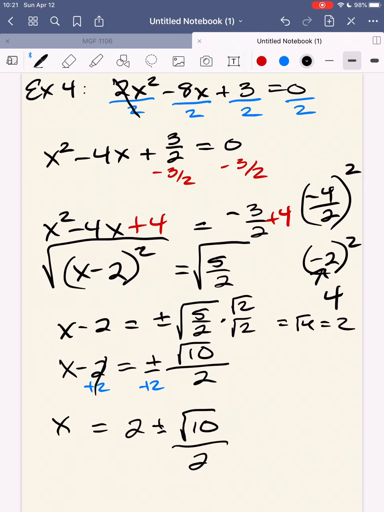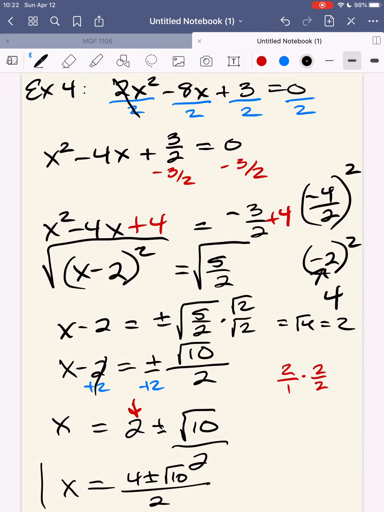So I want to make this 2 have a denominator of 2. So if I have 2 over 1, and I multiply it by 2 over 2 to make the denominator 2, I end up with the final result of x is equal to 4 plus or minus the square root of 10 all over positive 2. And this is my solution.